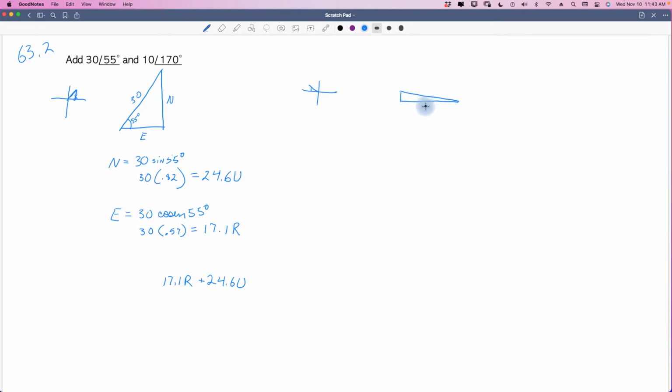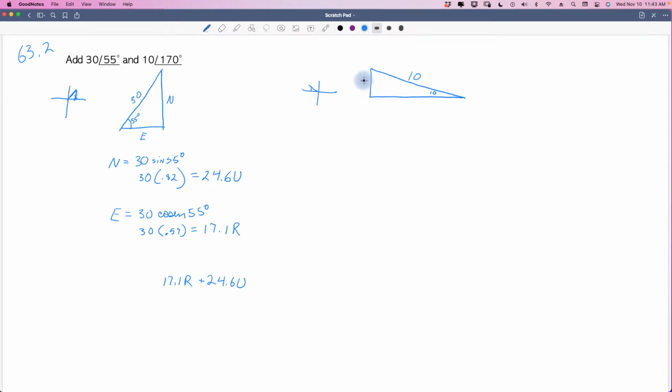So it's going to be a small triangle. Let me see if I can, I'm just going to erase it. I'm going to draw it a little bit bigger though. So it'll be like this and like that. Because this is 10 degrees and then this is 10 on the hypotenuse.